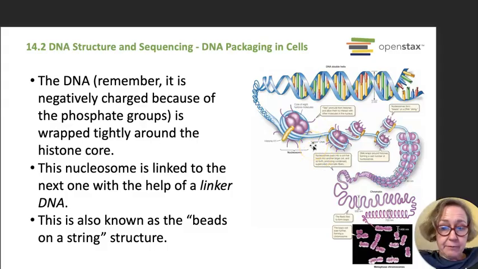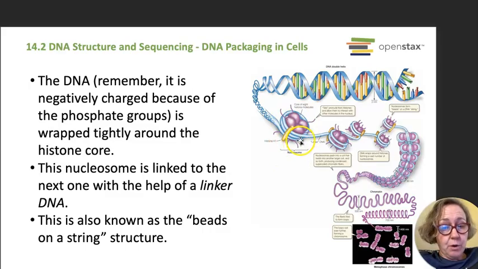It may or may not code for things. And when we start talking about the histones and uncoiling, we will talk about this linker DNA and how tightly it is wound around the histone, and what is exposed or not exposed, and what is allowed to be transcribed and translated.